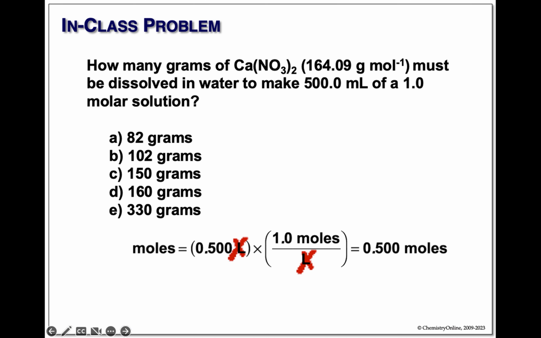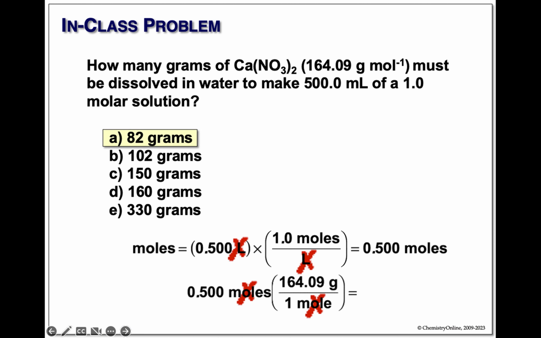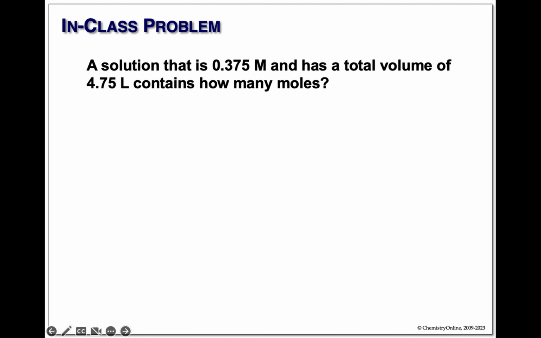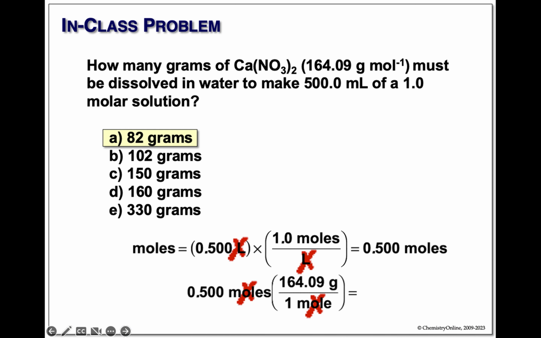So we need 0.5 moles in 500 mLs, and we're looking for grams, aren't we? Do our cancellation here: 0.5 times 164, oops, sorry, 82 grams. Basically, half a mole, half a liter.